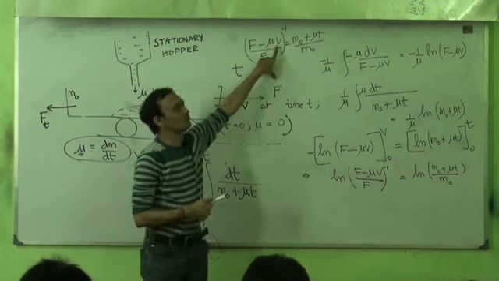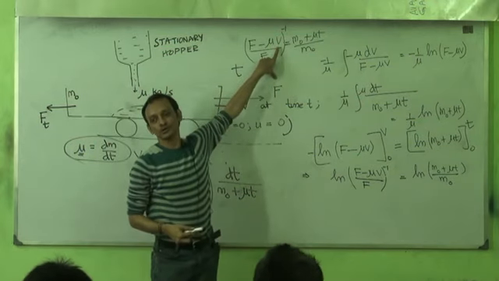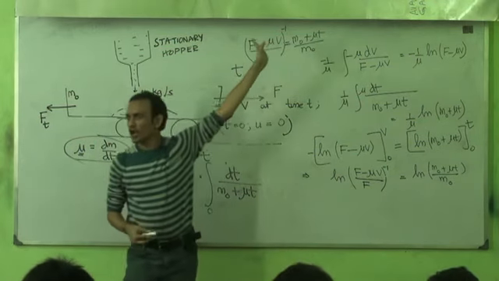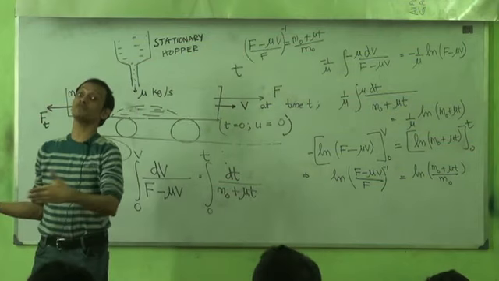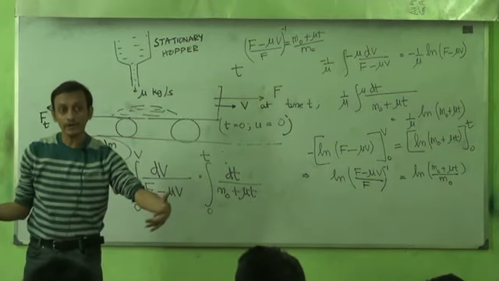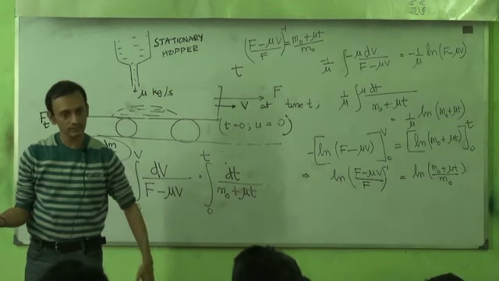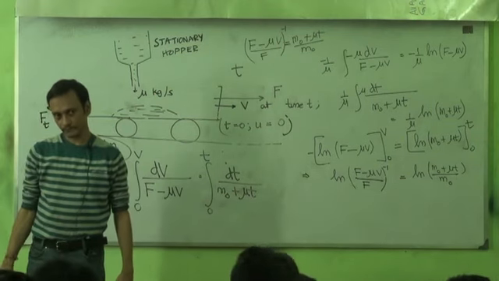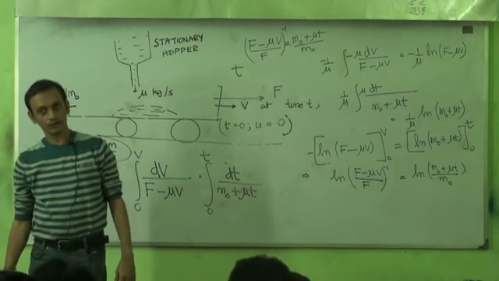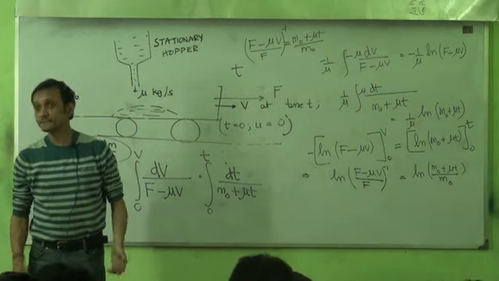And then you can solve for v as a function of time, the velocity of the trolley in terms of time. Are you okay with it?